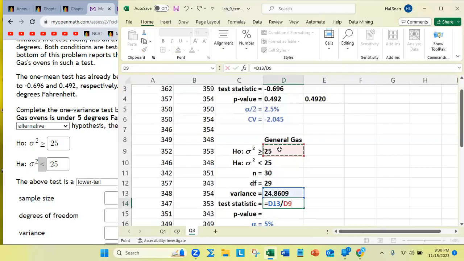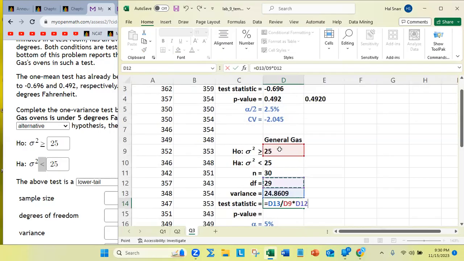So this ratio is close to 1. But a one variance test statistic for a chi-square distribution is the ratio of the variance from the sample divided by the hypothesized variance times degrees of freedom.